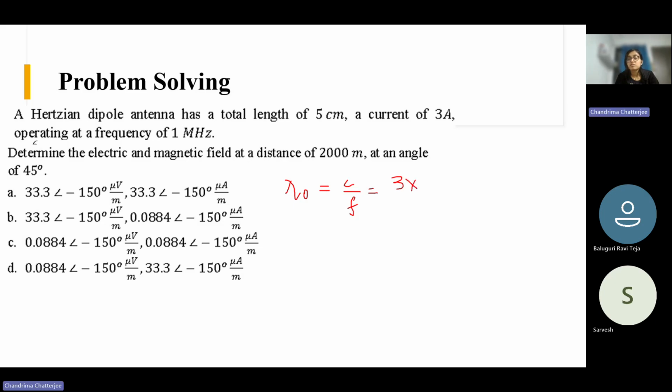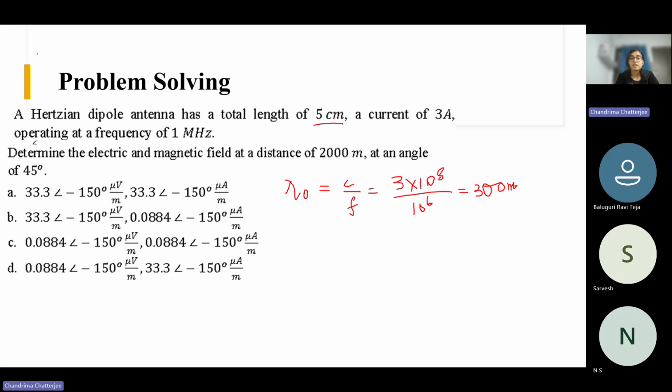So 3 cross 10 power 8 meter per second, and F is 1 megahertz, 10 power 6. Our wavelength will be 300 meter. The length of the element is 5 centimeter, which is much lower than the wavelength. That's why we call it a Hertzian dipole antenna, where L is much less than lambda.